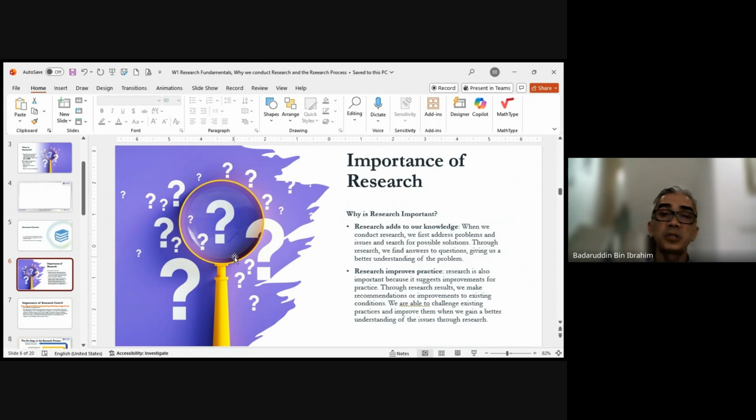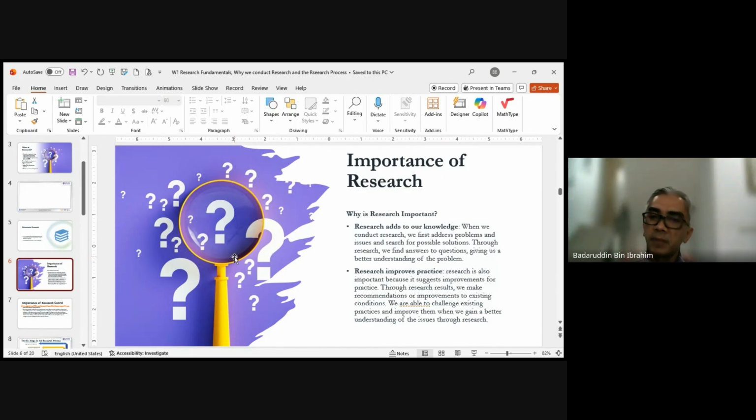I'm sharing based on my experience, and sorry if it is the opposite of what you have experienced, but what I experienced is that most supervisors usually don't come with their own research topic for their students. The student will come with their own research topic and then discuss with the supervisor whether this topic is researchable or practical to be studied and so on.